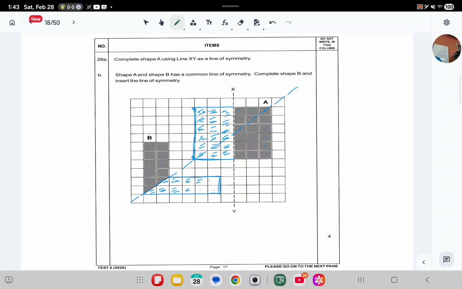Alright, so the shape is shaded, so I shade back my half also. Alright, and that should be our line of symmetry there. So I got 2 marks for part A, 2 marks for part B.